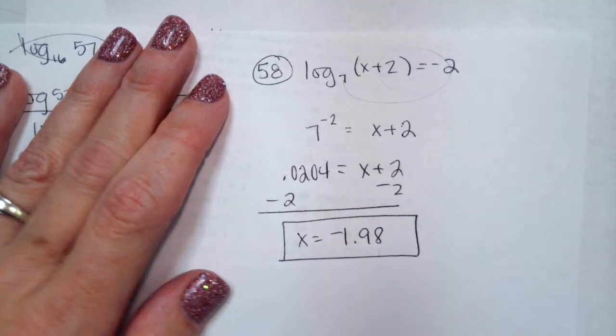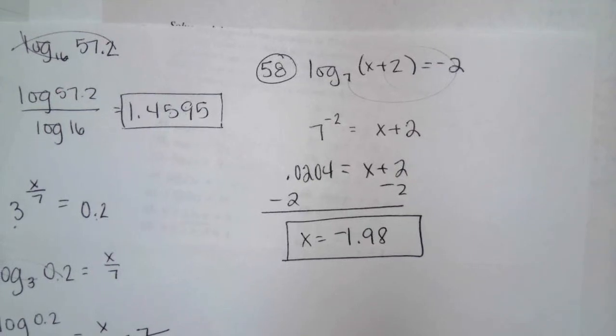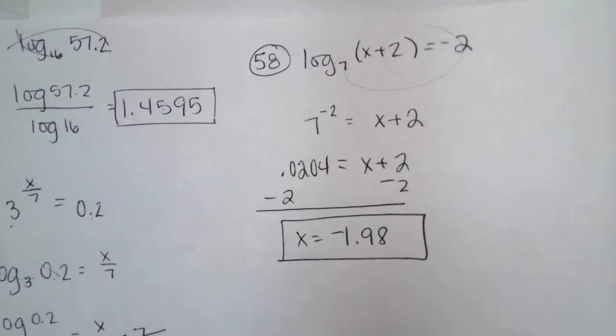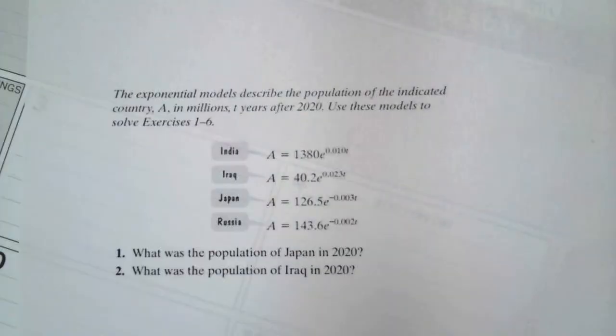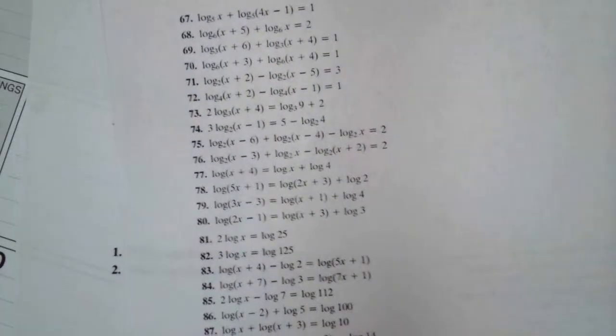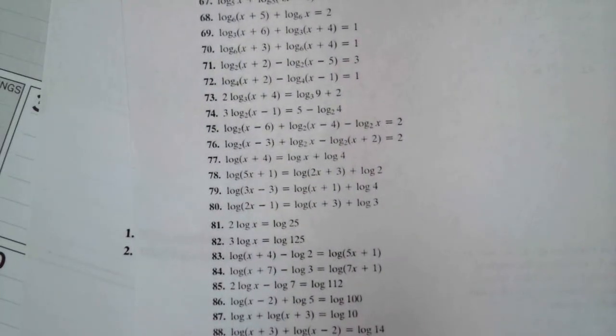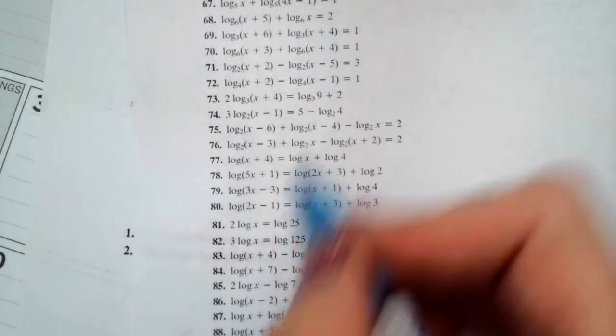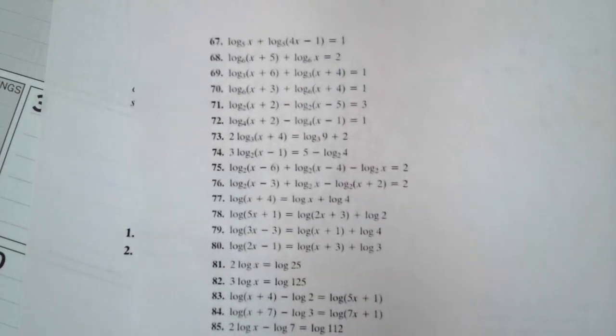And that would be the answer. 67 to 90 is going to be on this part, okay? And then we had the ones where we were putting them together.